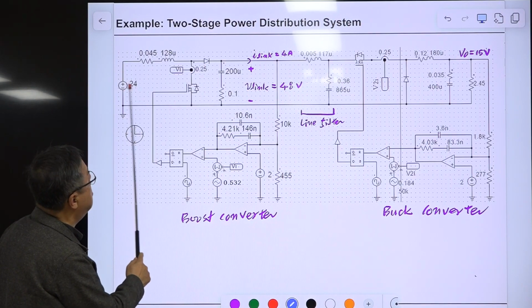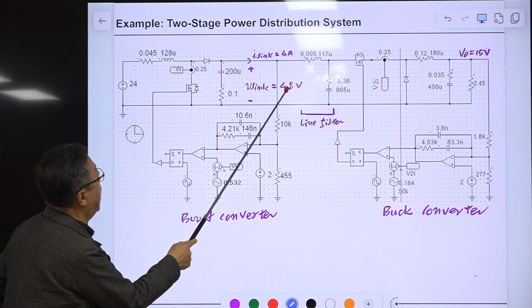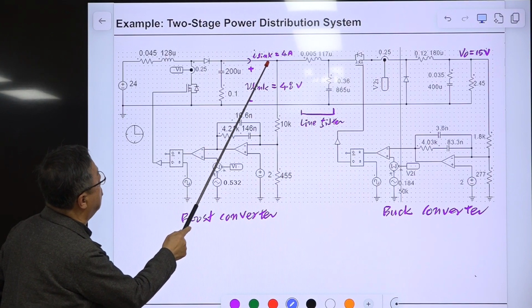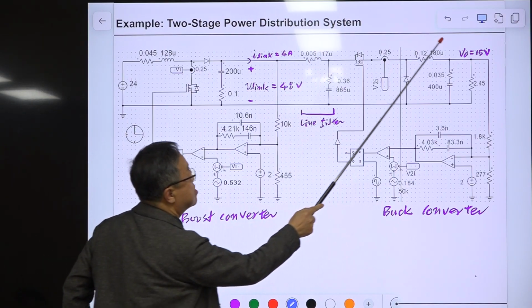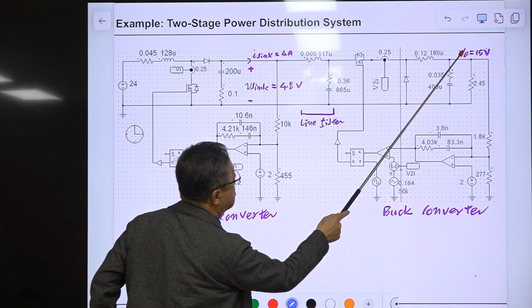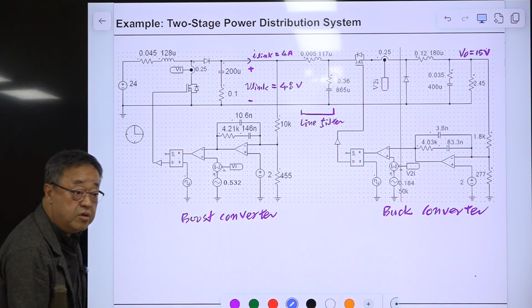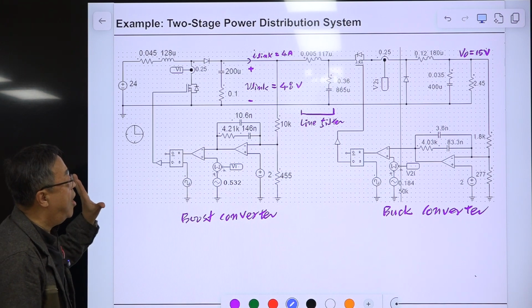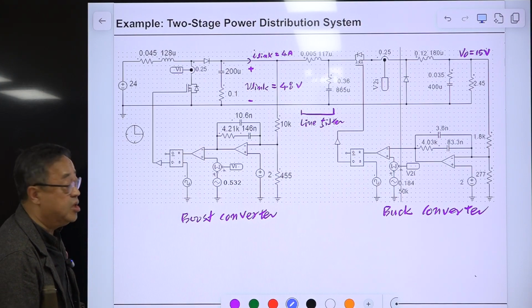Input is 24. Output is 48, and the DC link current is 4 amp. So this times this is the same as this times this squared divided by this. Okay, same power. So we are assuming the power loss is 0 or very small and can be ignored.